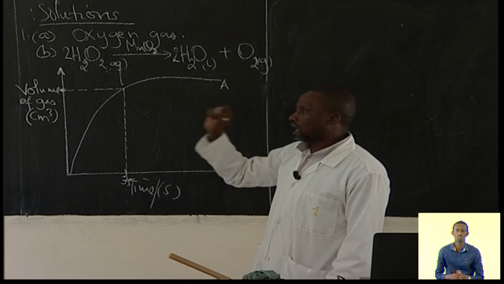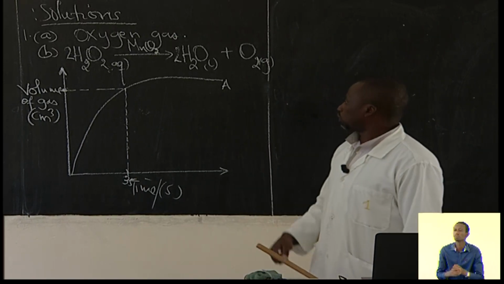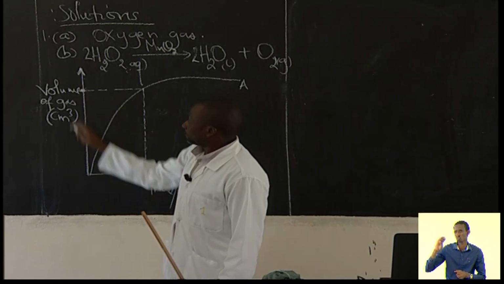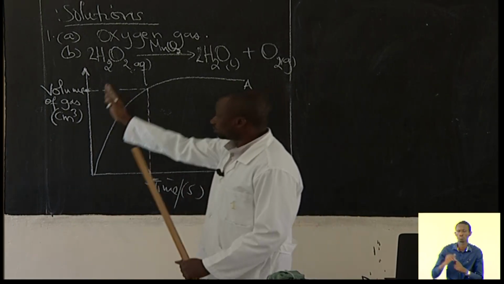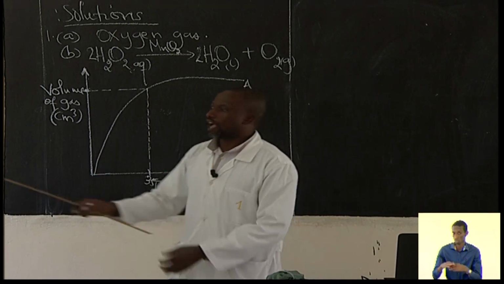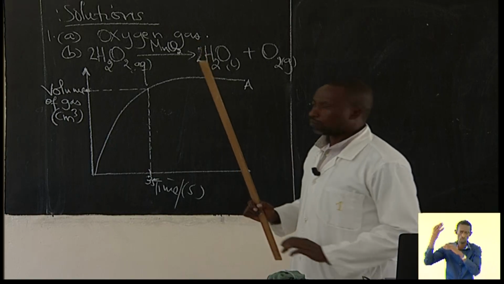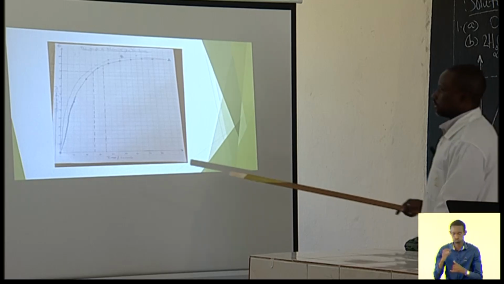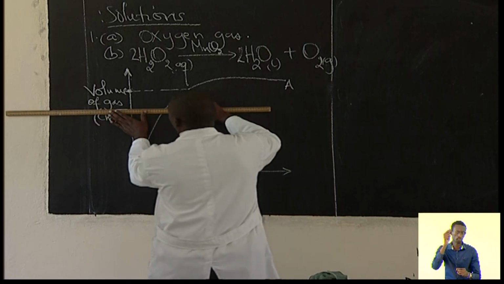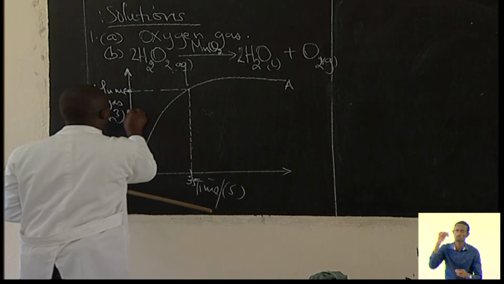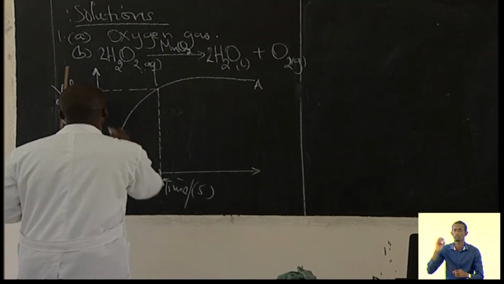Time to produce 100 cubic centimeters of the gas. So you have to go to the y-axis, where there is the volume of the gas produced. Now you look for that 100 cubic centimeters. For example, if this is 100, that is an example I'm just using, that is not 100, but I'm just using it as an example.